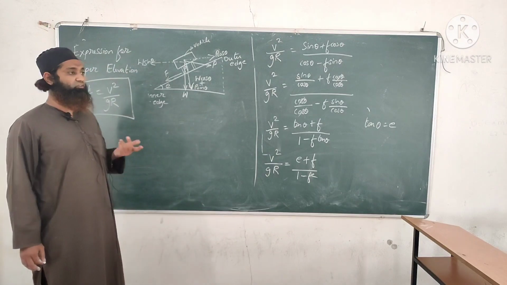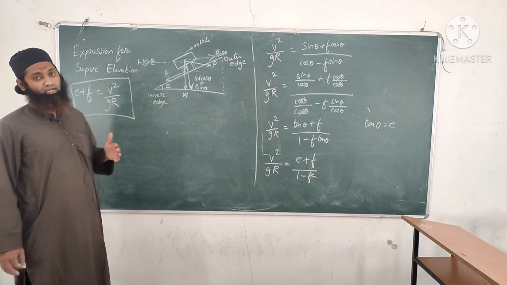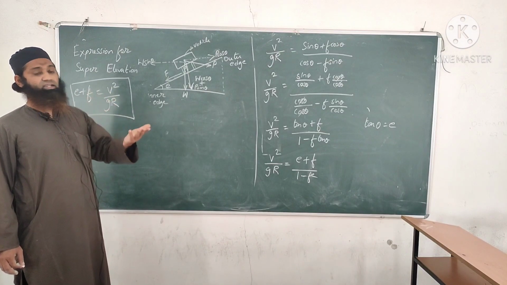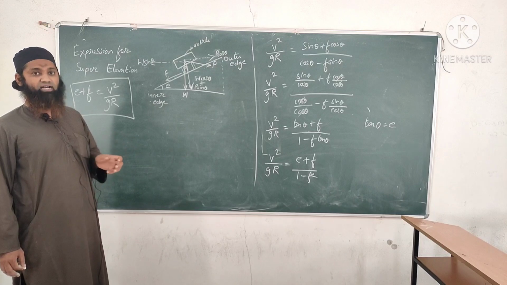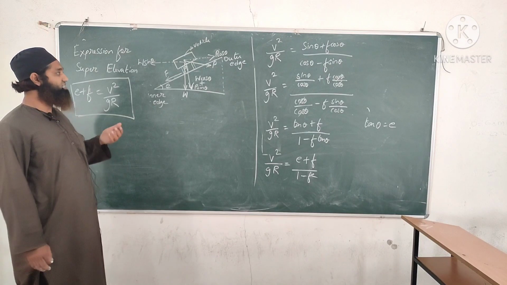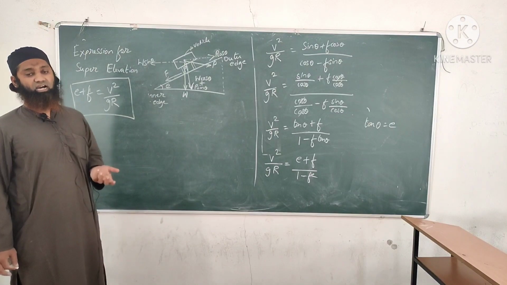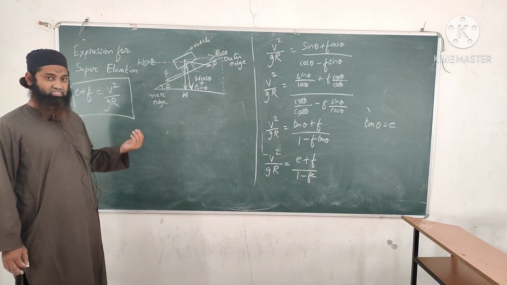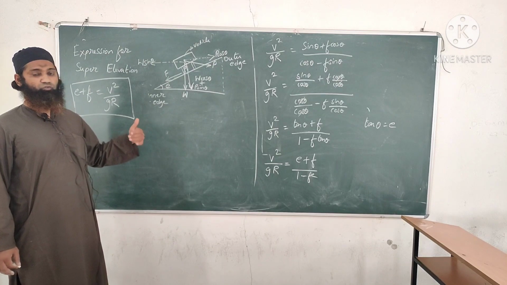Then I have multiplied gravity g at the top and at the bottom. As you know, mg is W, mass into gravity is the weight. So I have substituted mg by W, that has become W v square by g r. I have taken W to the other side, that is to the bottom of P. So P by W is equal to v square by g r.